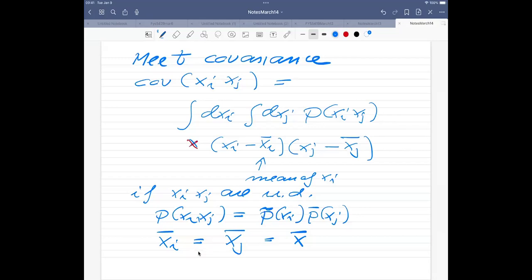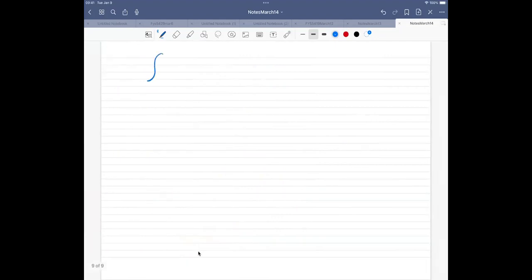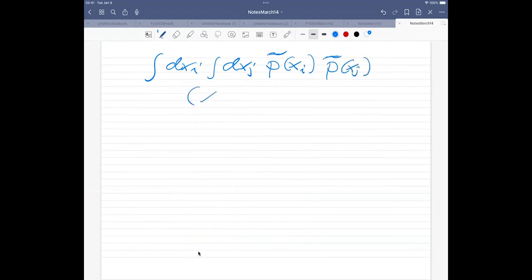Okay. So if I do that, then this expression changes to the following. What I get is an integral over dx_i and an integral over dx_j, with the same probability P of x here, multiplied with x_i minus x bar, multiplied with x_j minus x bar.